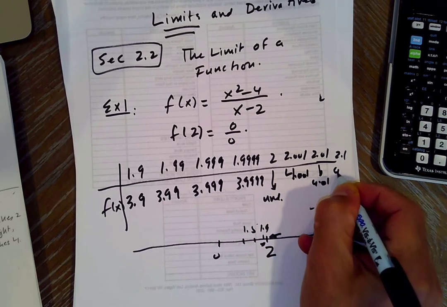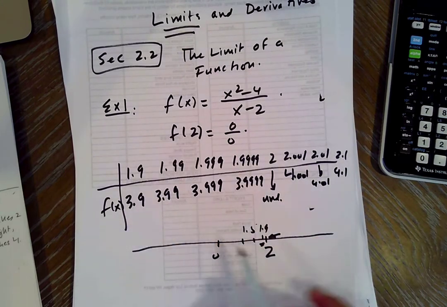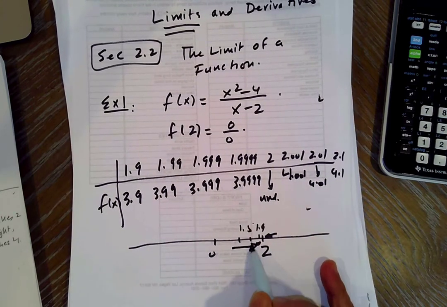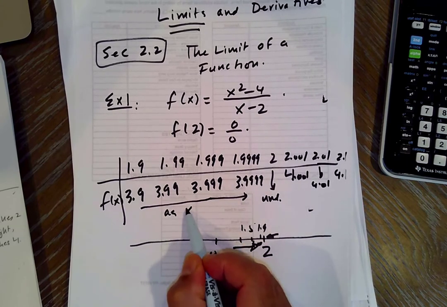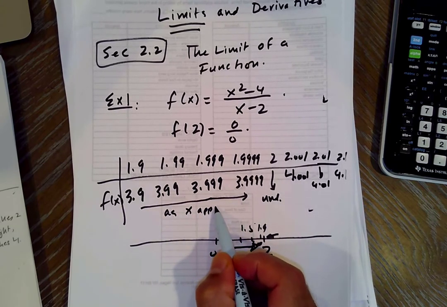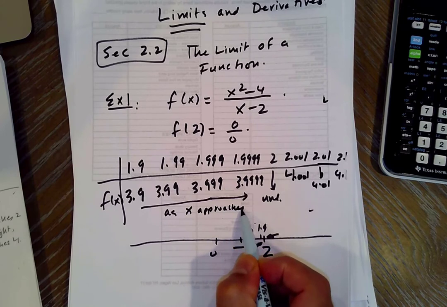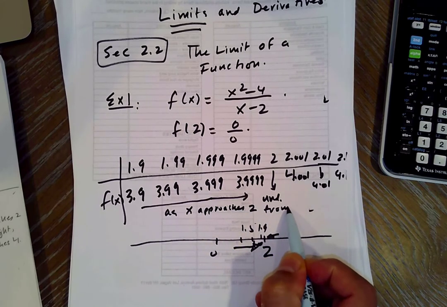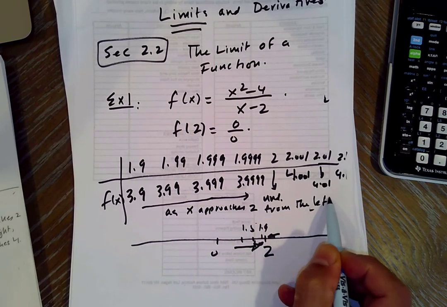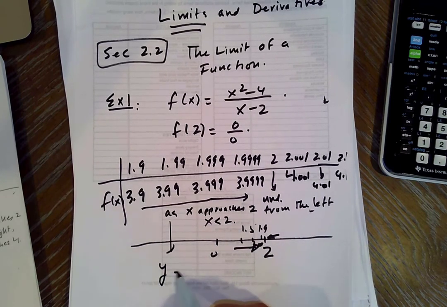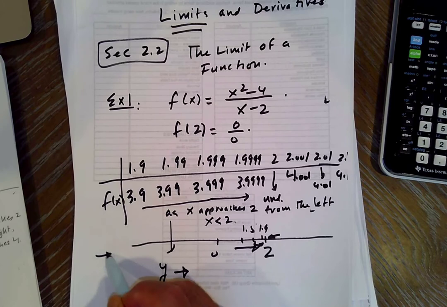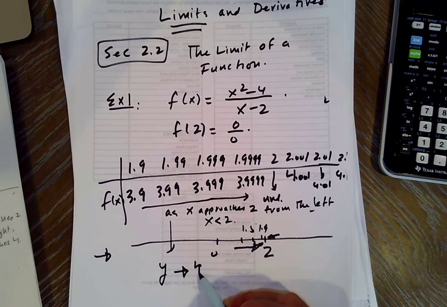4.01, and then 4.1. You can see as x approaches 2 from the left, so on the number line from the left, that means x is less than 2, y is approaching what? I'm using the right arrow for approach. Y is approaching 4.